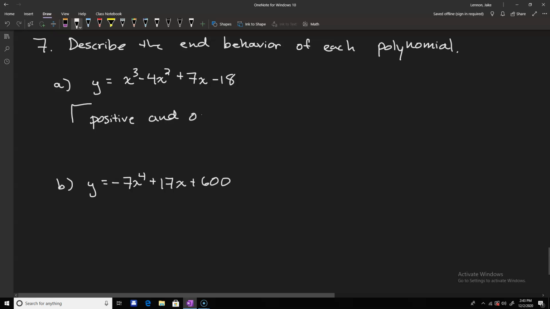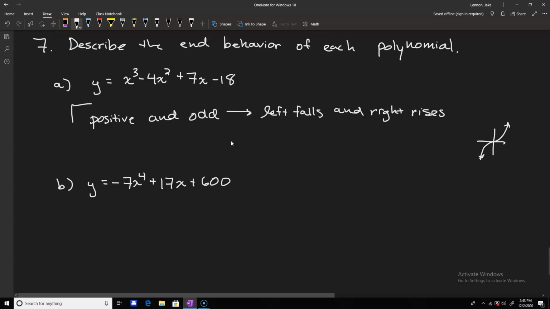So when you have positive and odd, that means that the left side falls and the right side rises. Think about the graph y equals x cubed. What does that picture look like? A lot of times they'll ask you to write this in the arrow notation with the infinities. So if you think about a sample graph like y equals x cubed, basically as you go to the left, the negative infinity direction for x, y is going down, which is the negative infinity direction.